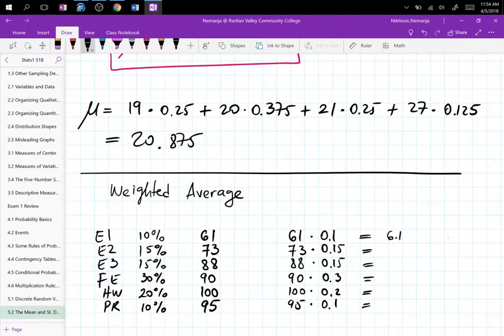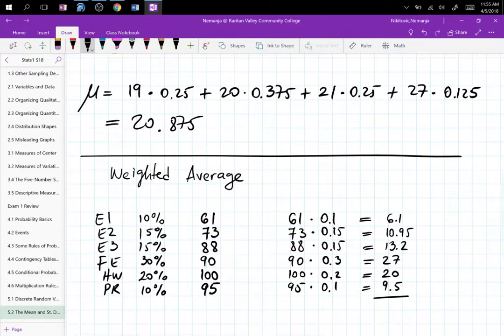Let's see the easy ones. Okay, so that's 20, that's 27, the last one is 9.5, 73 times 0.15 is 10.95, and 88 times 0.15 is 13.2.